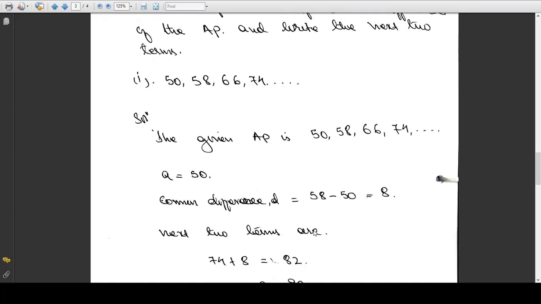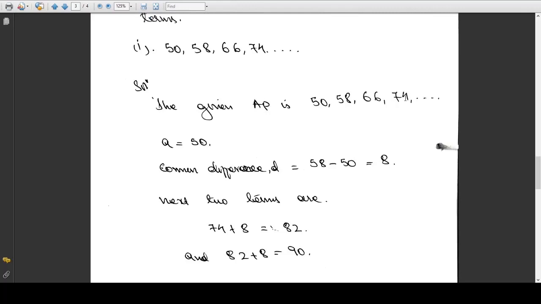Now for the next two terms after 74, you just have to add 8, because that is the common difference. 50 plus 8 is 58, 58 plus 8 is 66, 66 plus 8 is 74. What will be next after 74? 74 plus 8 is 82. What is next after 82? 82 plus 8 is 90.